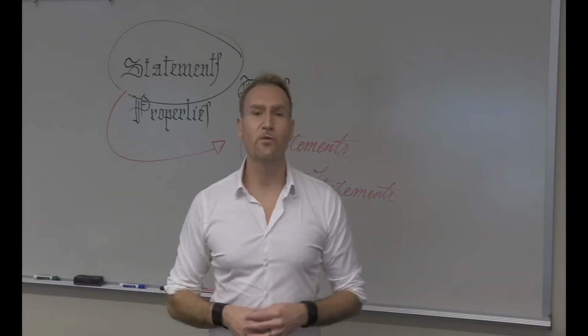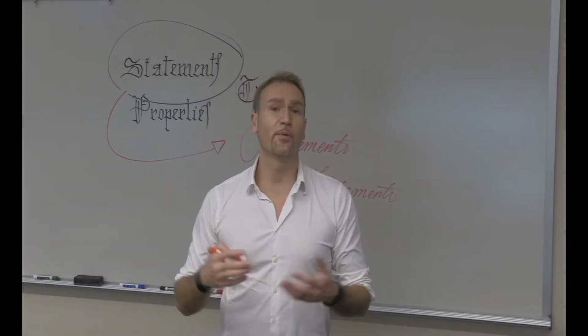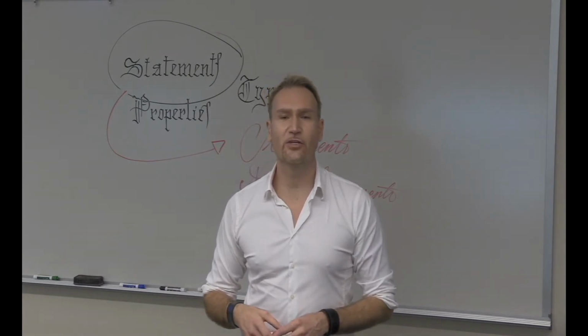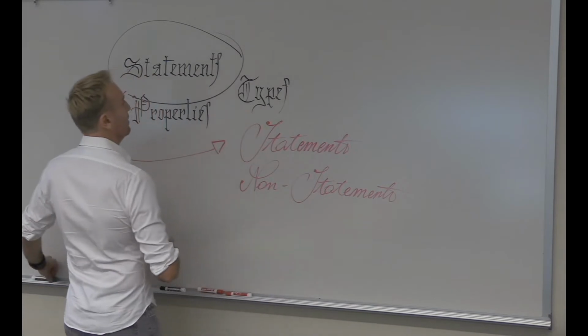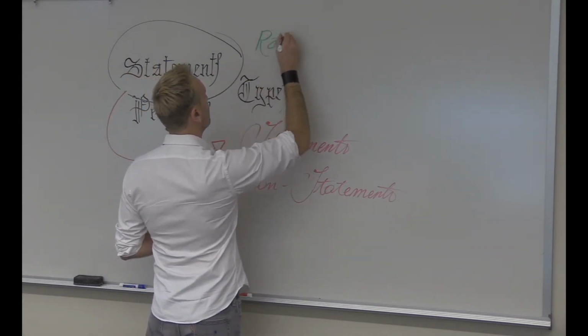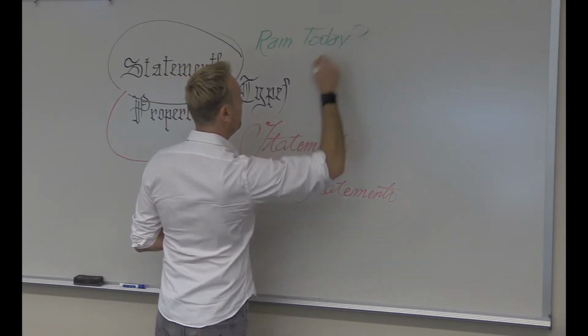But let's use this as an example, because let's assume that we want to have a logical examination of the possibility that it might rain today, or something about the fact that it's going to be a rainy day. So let's just write here for a second, rain today, with a question mark, okay?